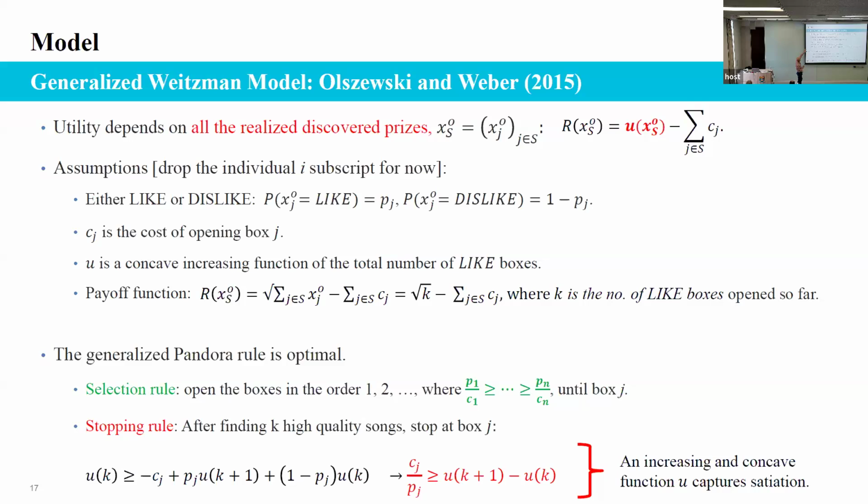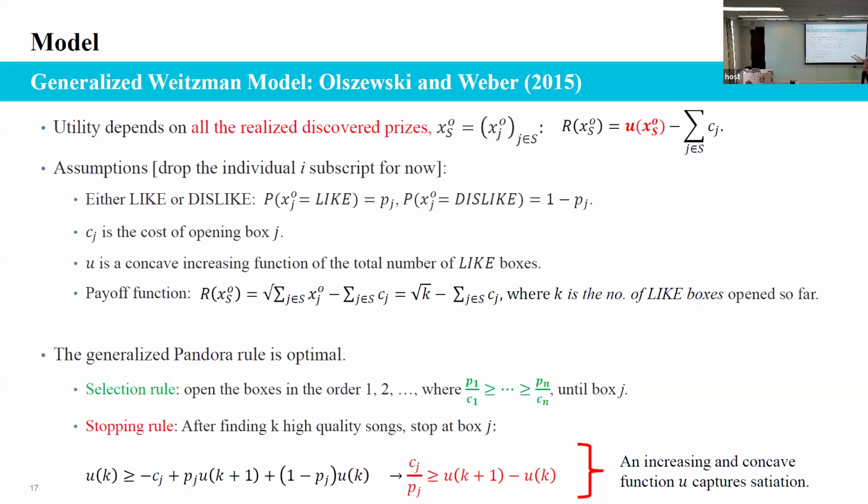First is the utility of all the realized discovered prizes, which is a vector of these Xs, essentially the sum of the square root of all the songs that we discover as high quality, minus the cost of searching.